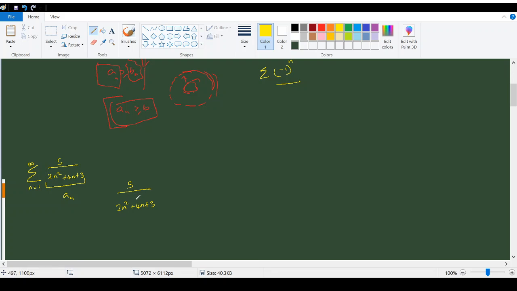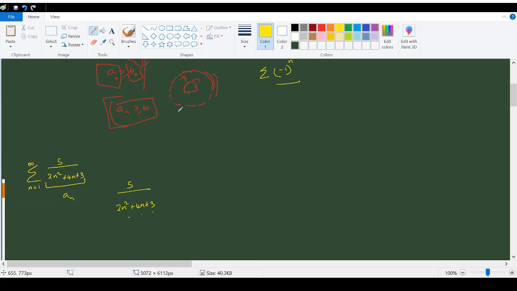The idea that we are going to use is, if we have a fraction and the denominator is reduced, then the total value will increase, okay? And you should see that all these terms in this denominator are positive.